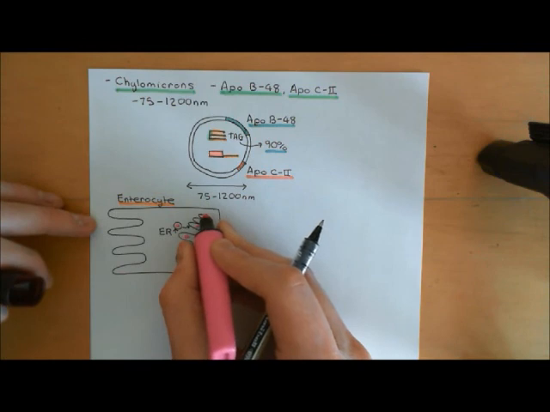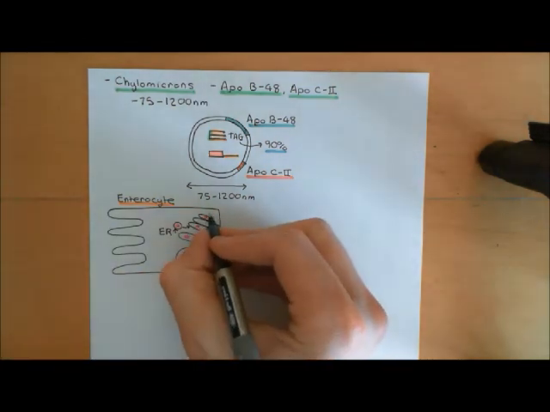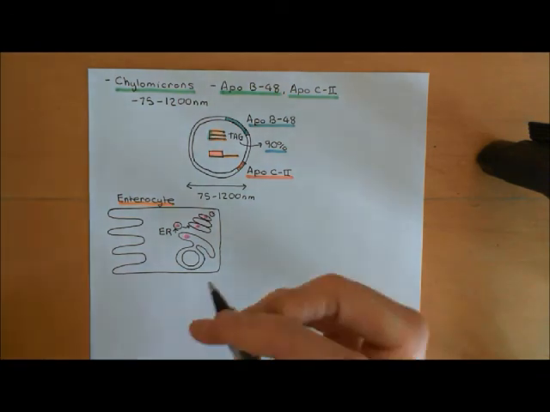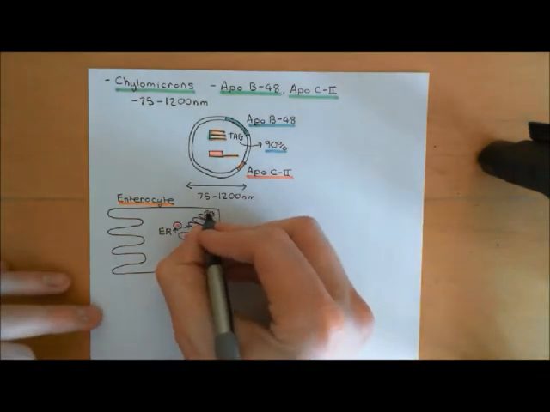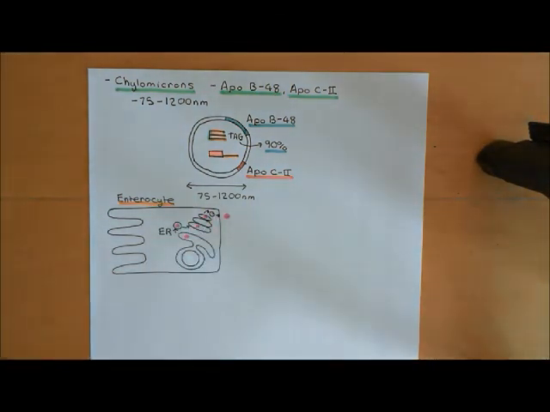It will then move to the later layers of the Golgi, the later cisternae, like so. And then from the Golgi you'll have another little secretory vesicle pinch off, which will contain the chylomicron. So here's this other vesicle, and then that will fuse with the plasma membrane to release the chylomicron out onto the basolateral surface of the enterocyte.